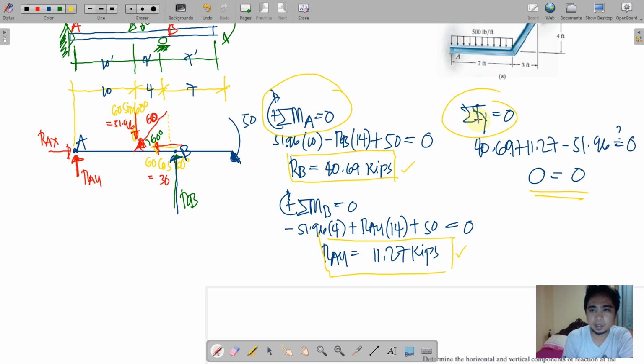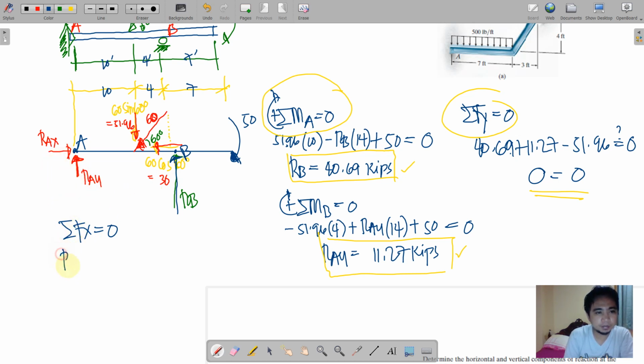So now that our y-axis is ensured in terms of reaction, or the correctness of the reaction is ensured now, then isa na lang yung missing natin, RAX, di ba? So by summation forces along X, ito na tayo. Summation forces along X is equal to 0.